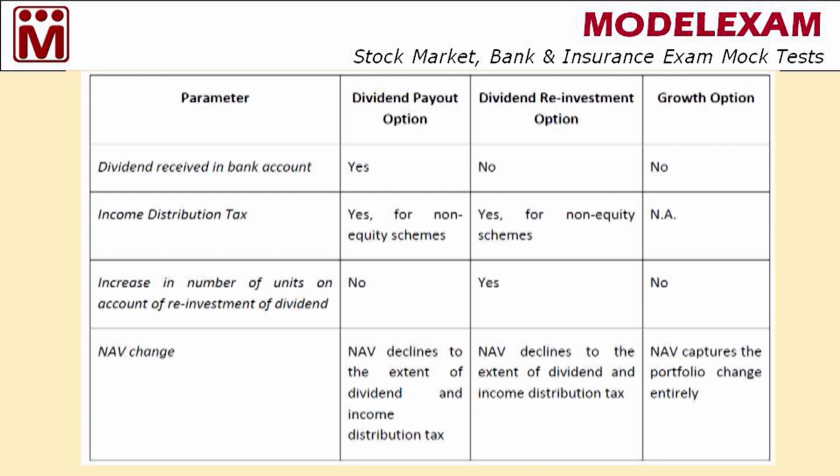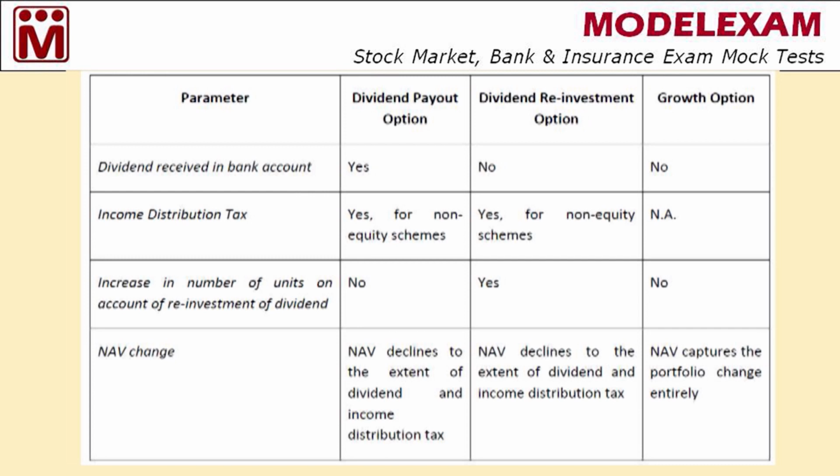In case of dividend reinvestment, the 3 will be converted into extra units. And what will happen to the NAV? The NAV before dividend was 15, and after giving the dividend of 3, the NAV will become 12.